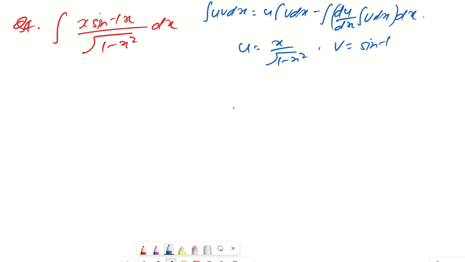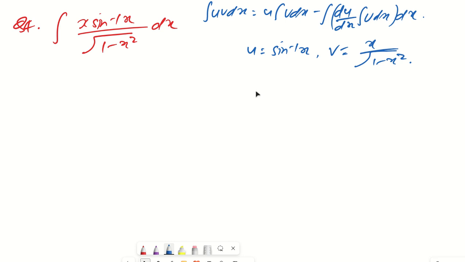Okay, so let us do that. Because of the ILATE principle, which was telling us to take u as inverse, so inverse means sine inverse x, I will take it as u, and my v will be the algebraic function, that is x by square root of 1 minus x square, right?